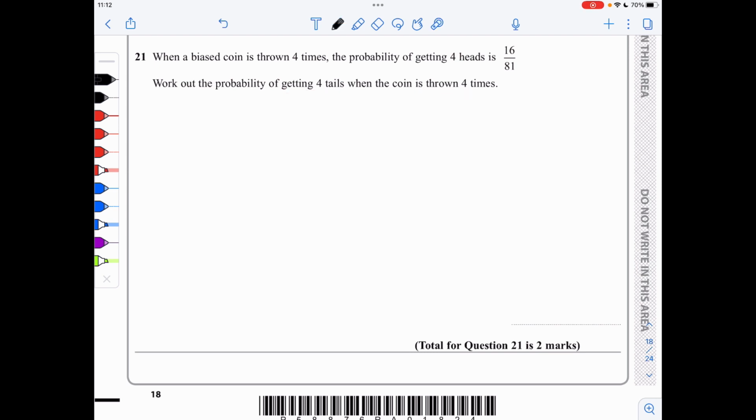Now, because this is a biased coin, I will start by saying that the probability of getting heads is p. So we know that the probability of getting 4 heads is simply p times p times p times p, which is p to the power of 4. And this has been given to be 16 over 81.